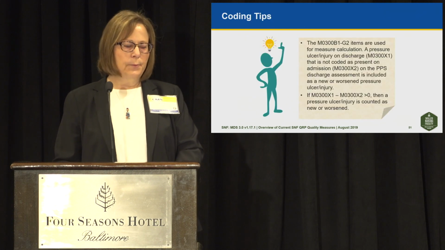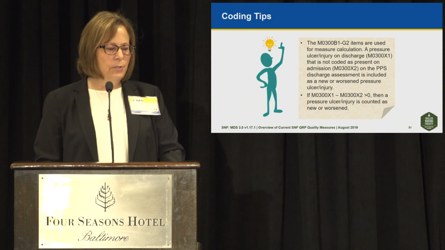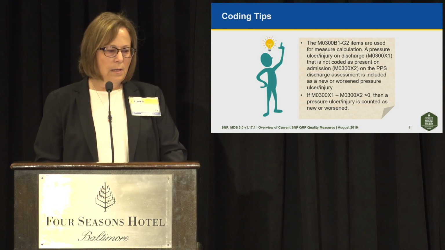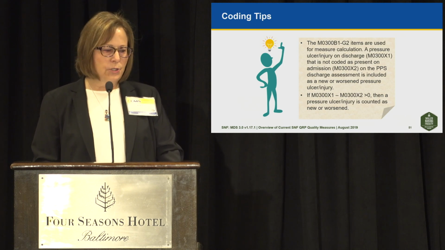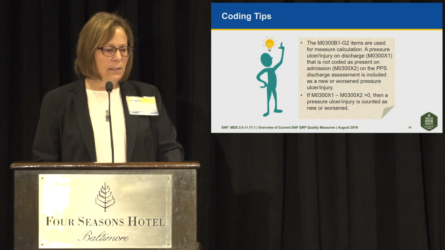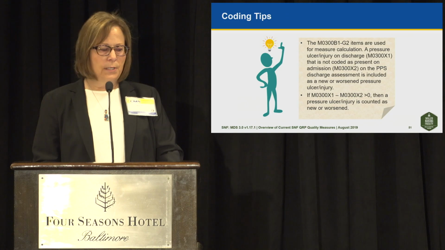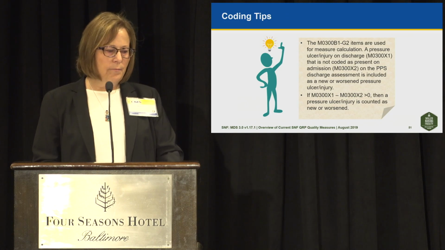A coding tip. The M0300B1 through G2 items are used for measure calculation. A pressure ulcer injury on discharge, so M0300X1, which means any of the M0300 items, that are not coded as present on admission in M0300X2 on the PPS discharge is included as a new or worsened pressure ulcer injury.